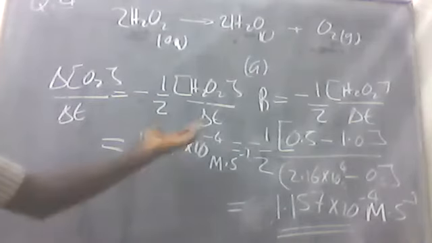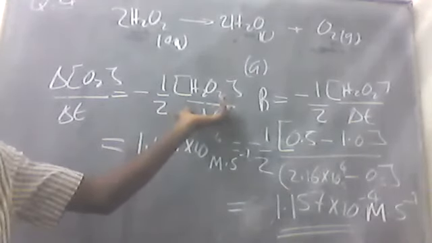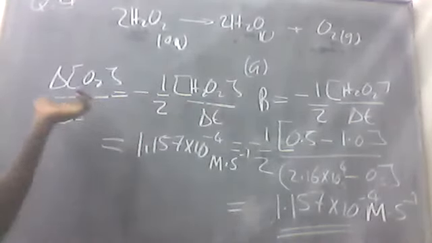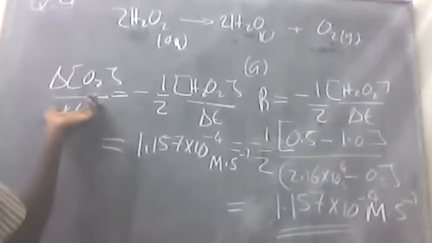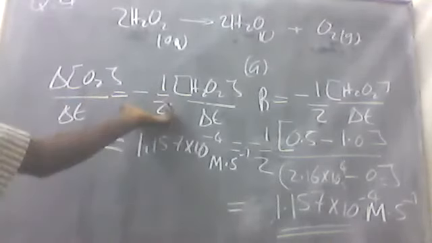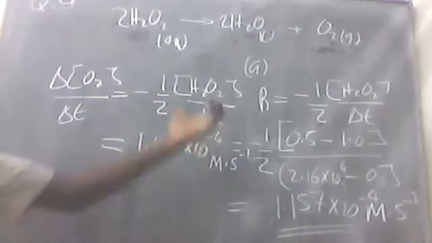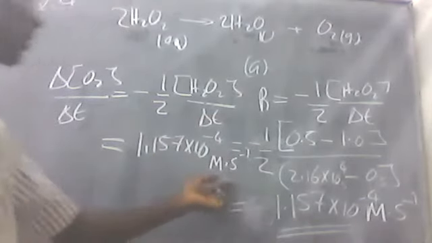The rate of decomposition of hydrogen peroxide is this, and the rate of formation of oxygen is this. This is a statement. You don't have to write it as a sentence, because this is the whole sentence. So instead of writing the sentence, it's better just to write this. And for this, we have calculated already. We just have to equate.